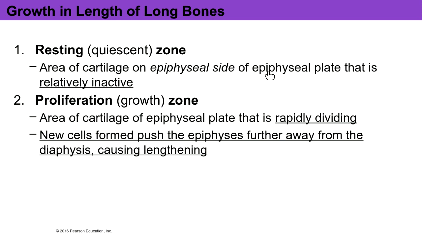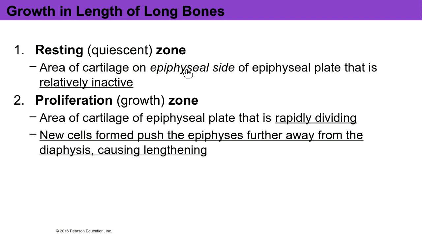Well, let me say that differently. What you want to know, because you want to know these zones in order, is that the resting zone is on the epiphyseal side of the epiphyseal plate.